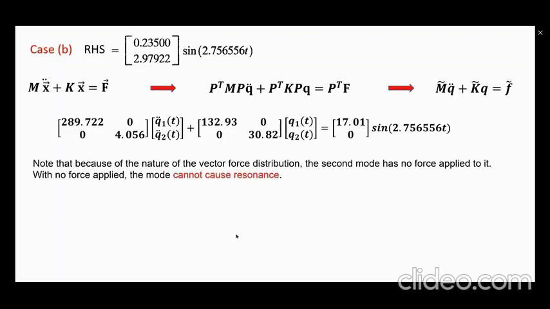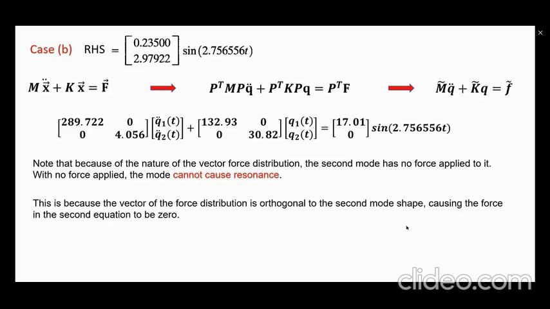Okay? But this will not cause resonance, and I will tell you why and what I mean by that. Now, notice that the key is this. The vector of force distribution. This is the vector of force distribution right there.